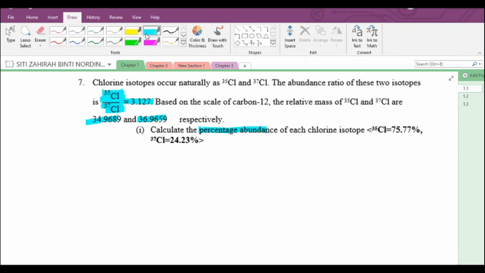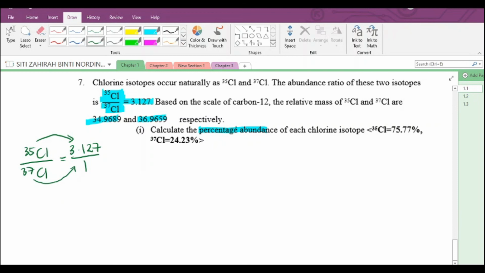So again, like question 2, if I'm not mistaken, the ratio should be written 35Cl over 37Cl is equal to 3.127 over 1. So the abundance for 35Cl is 3.127, and for 37Cl the abundance is 1.